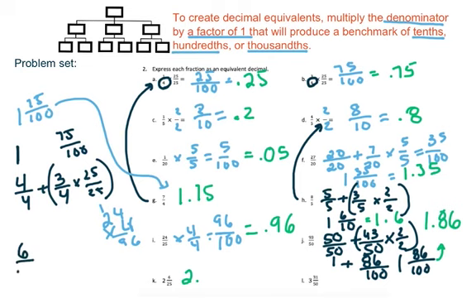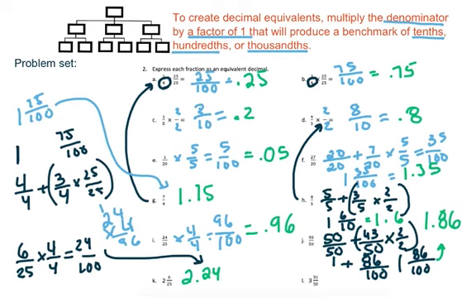For 25ths, I look at the work I've done, and I'm going to multiply by 4. So this equals 24 over 100. And if I write this as a decimal, it would be 0.24. So 2 and 24 hundredths.